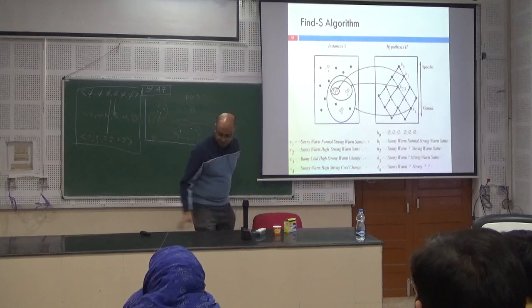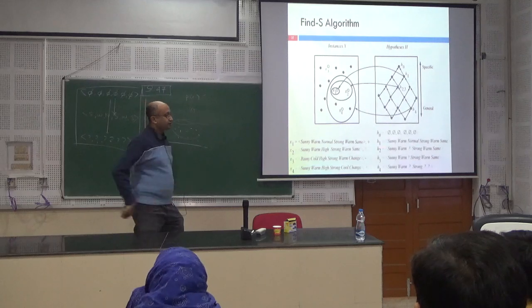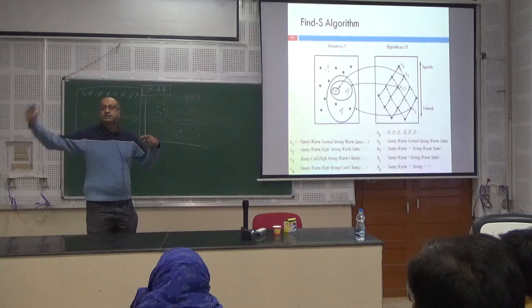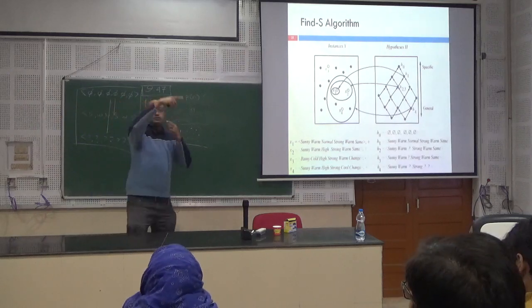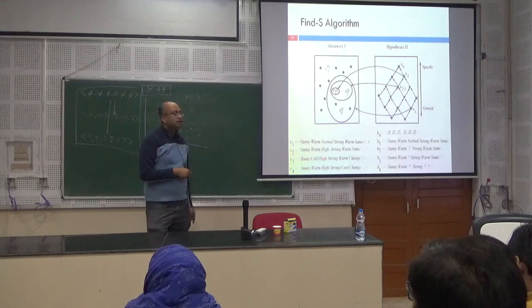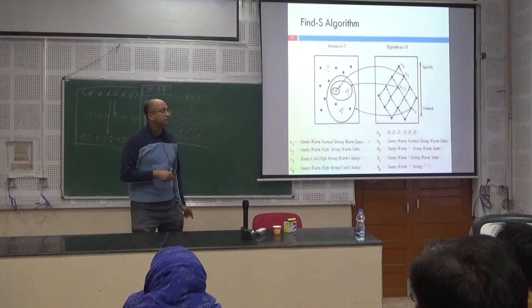So the first one was simple enough. Sunny, warm, normal, strong, same. One loop is done. Now repeat the loop for the second sample that you have. This sample is also a positive sample. So what should I do?